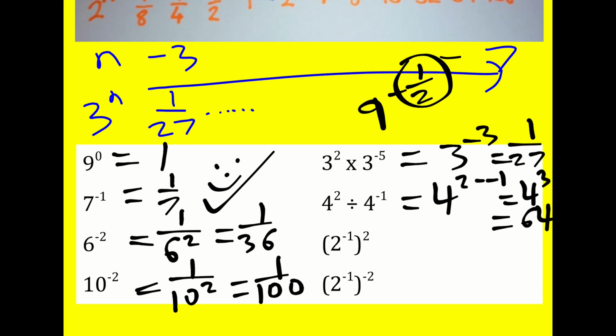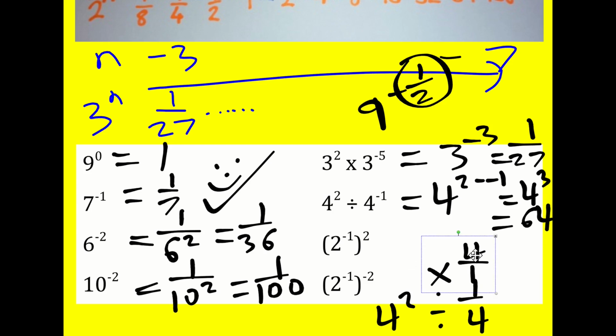Another way of thinking about this is that I'm doing 4 squared divided by 1 over 4. I'm dividing by a fraction. It's the same as changing it to a times and then flipping it, 4 over 1. Okay, so that's another way of thinking about it. But the rules of indices is where we're focusing here.